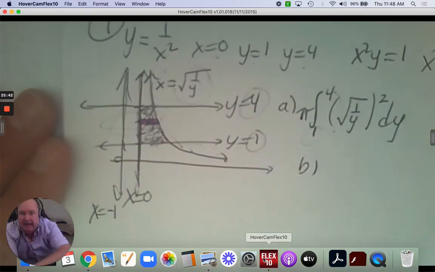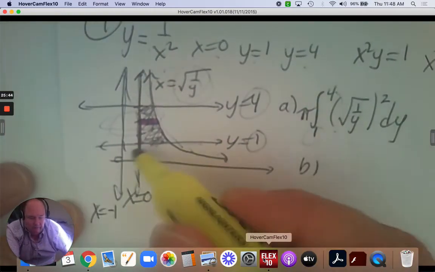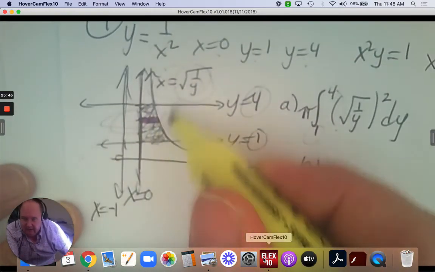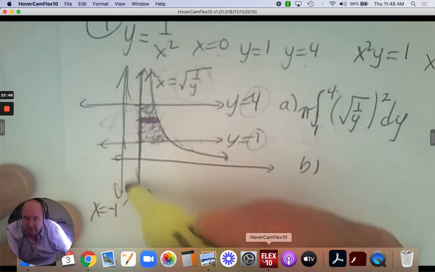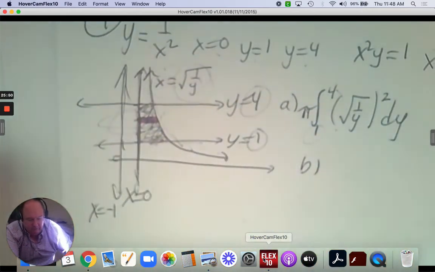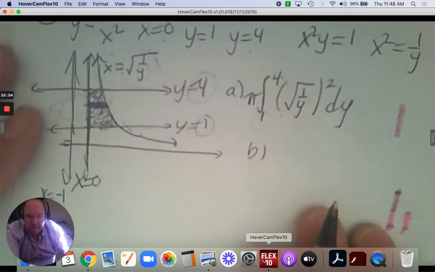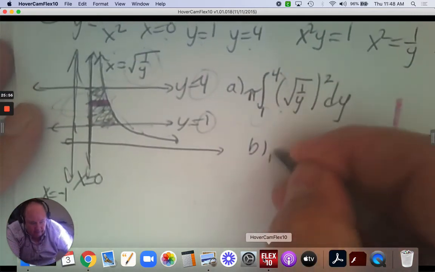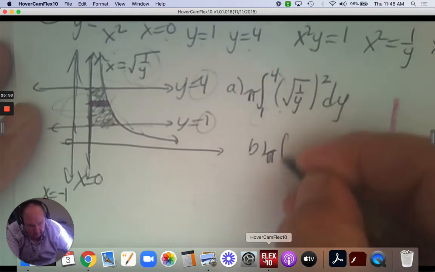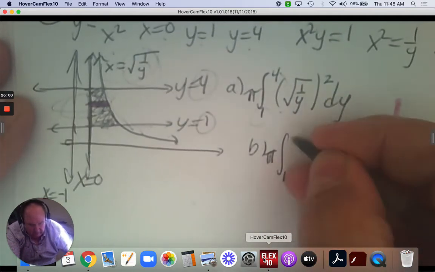And so now do you see there's a space between the area I'm revolving and the line of revolution? Because there's a space, there's going to be 2 radii. So the beginning part is pi. We are integrating again from 1 to 4.